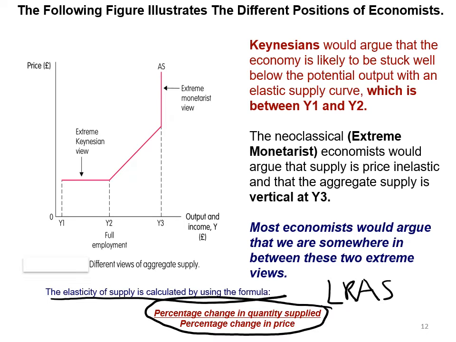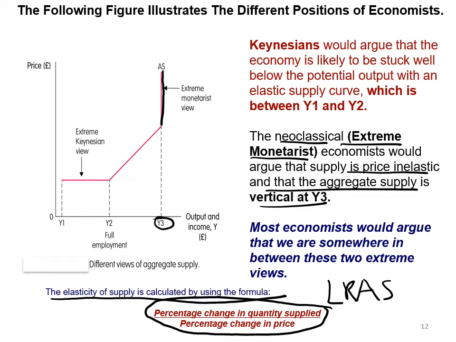Here, we have a perfectly inelastic aggregate supply curve. It doesn't change. Neoclassical economists, extreme monetarists we call them, would argue that supply is price inelastic and aggregate supply is always vertical at Y3. So that's what we've just seen.